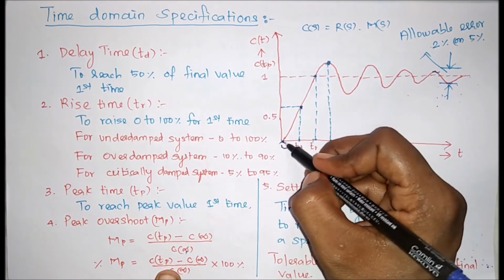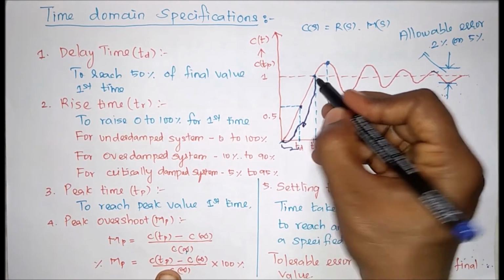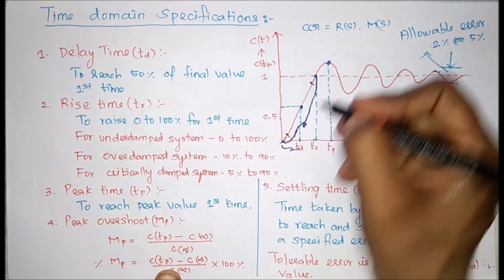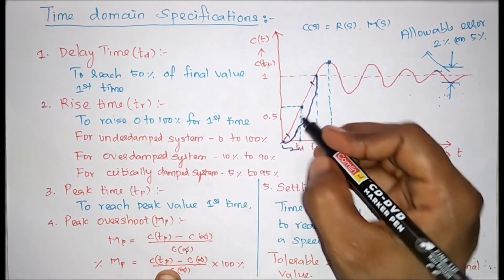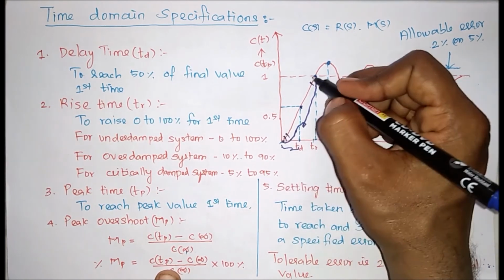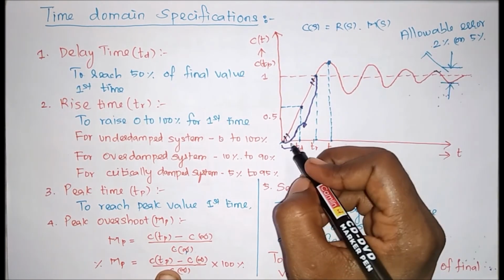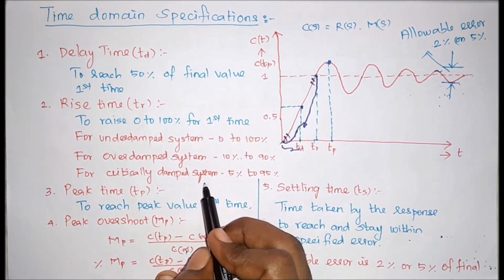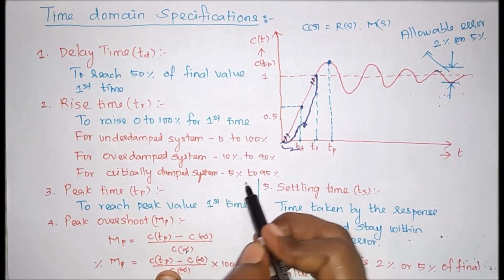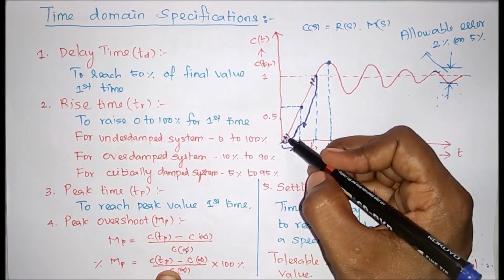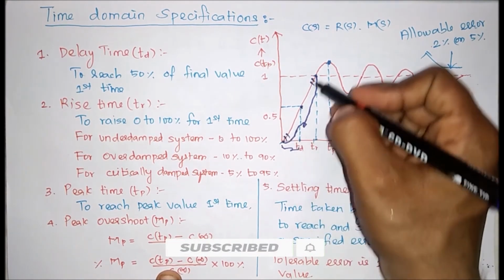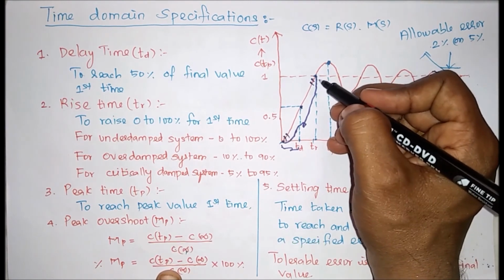For an overdamped system, we can say from 10% to 90%. For a critically damped system, we can say 5% to 95%. It means if the system is a critically damped system, rise time is the time taken to complete the response from 5% of its final value to 95% of its final value.